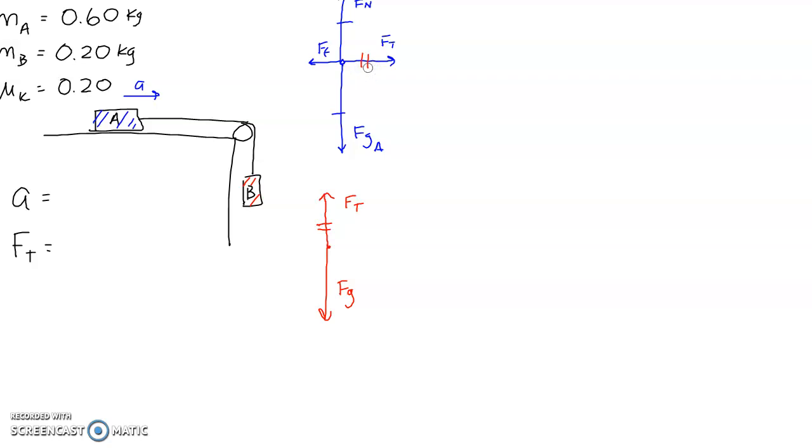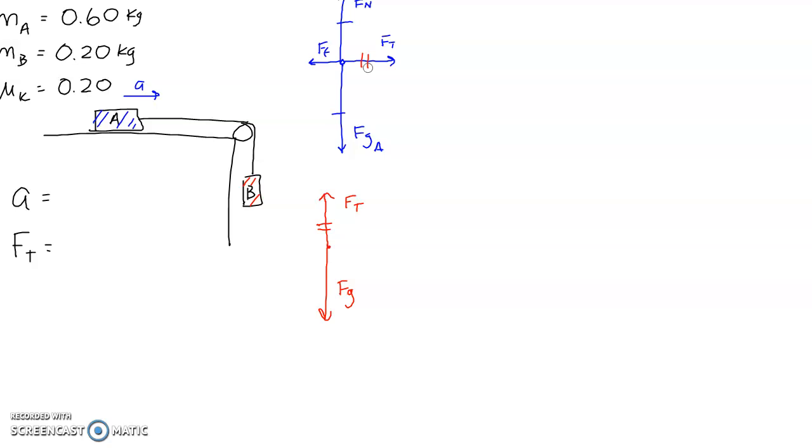The A block pulls on the B block with an equal force that the B block pulls on the A block. That is basically the definition of Newton's third law. The force through which they're applying a force on each other is tension, so they're both tensions and they are equal and opposite. That's going to be the key to solving our modified Atwood's problem in this way.